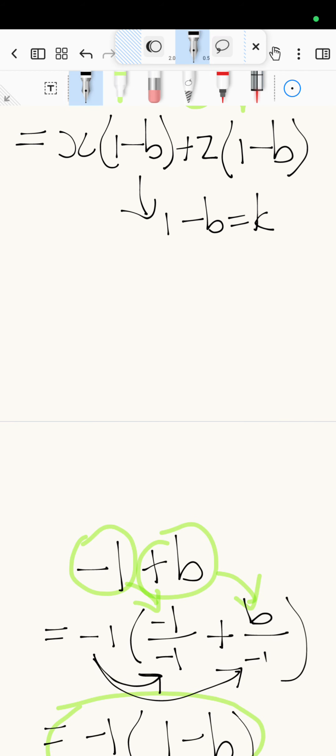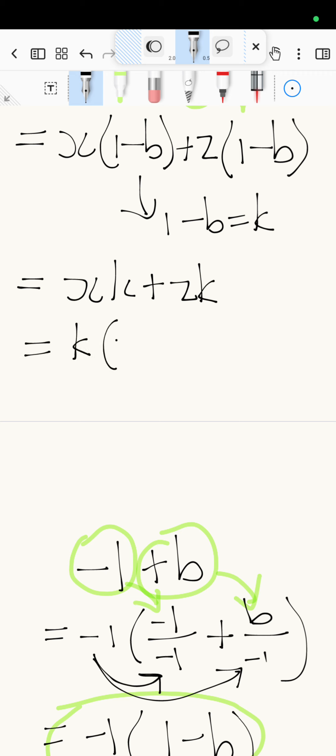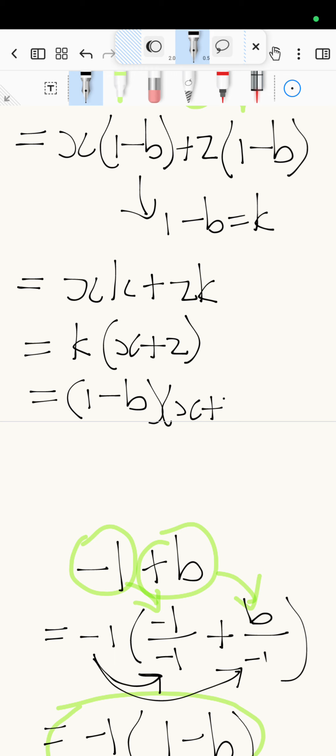All right, so now I'm going to say xK plus 2K. Now that's easy enough. K is my common factor. So I've got my x plus my 2. What was K? K was actually 1 minus b. So the answer is 1 minus b times x plus 2, and we've factorized that.